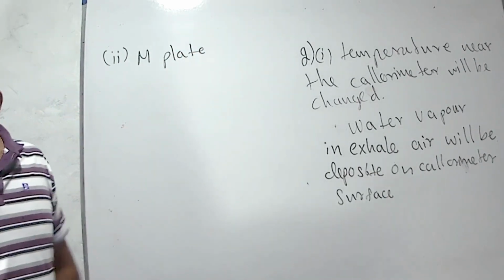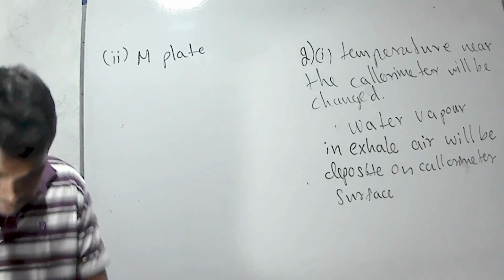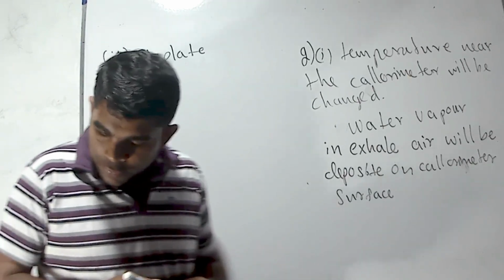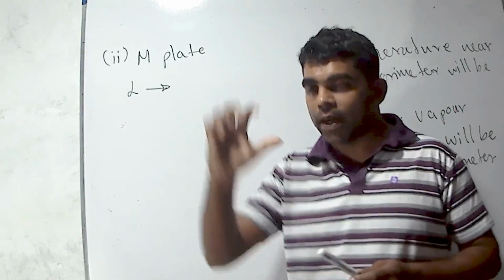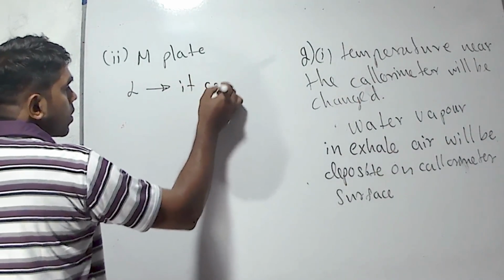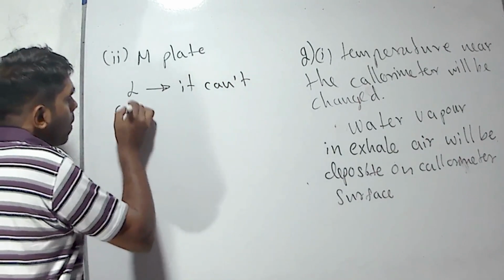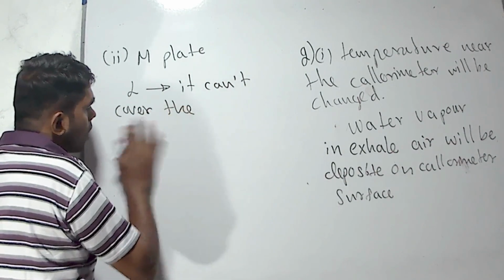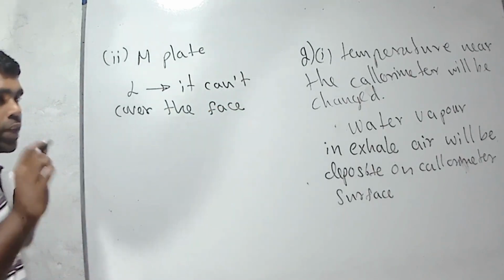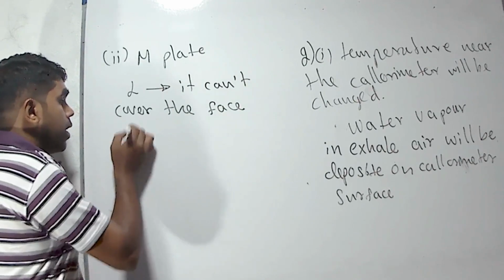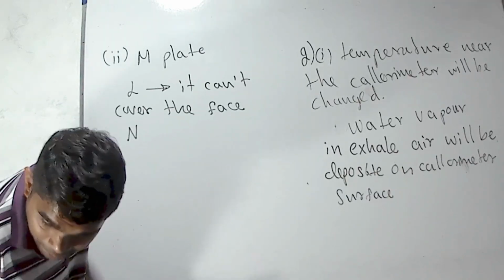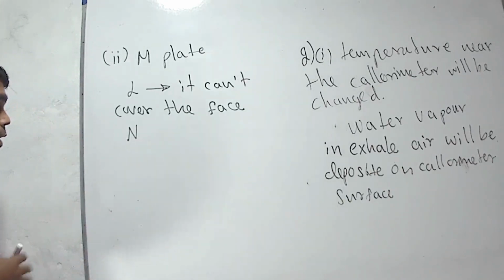If we are using plate L, the dimensions of L plate is 5 by 5 centimeters. It is a small one. Therefore, it can't cover the face because it is a small one. Then if we are using plate N, 80 by 80 centimeters, it is approximately about 1 meter.